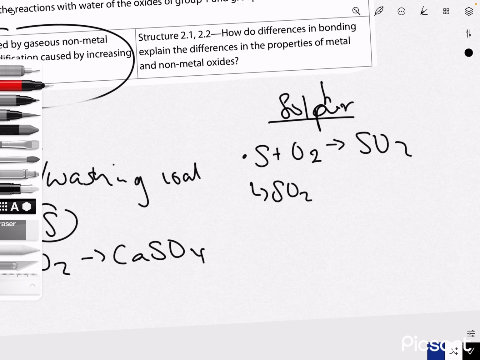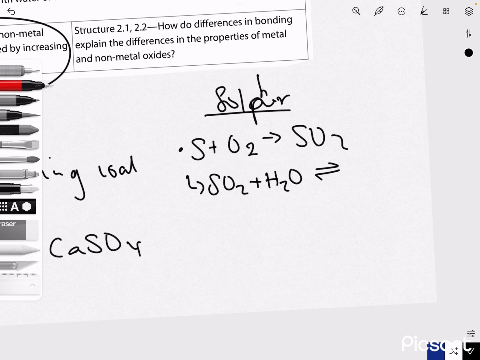Sulfur dioxide then reacts with water, H2SO3, water in the atmosphere, as this can be a gas, and this right here, that's sulfurous acid.